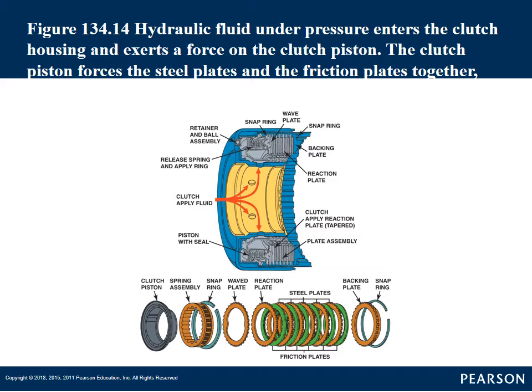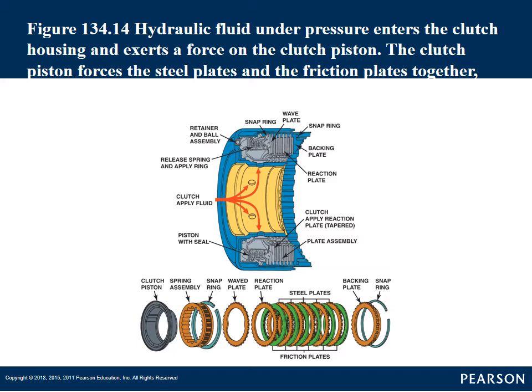In this, they're calling the apply plate the reaction plate. Either way, most rebuilders call it the apply plate. And then they alternate steel, fiber, steel, fiber, steel, fiber. That's how we get a clutch pack.